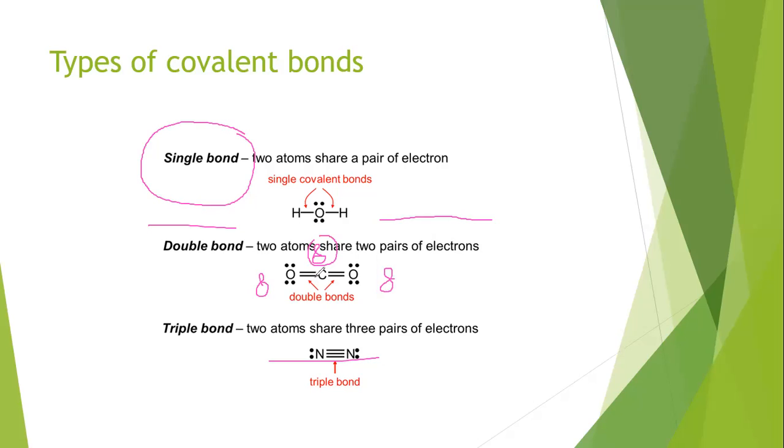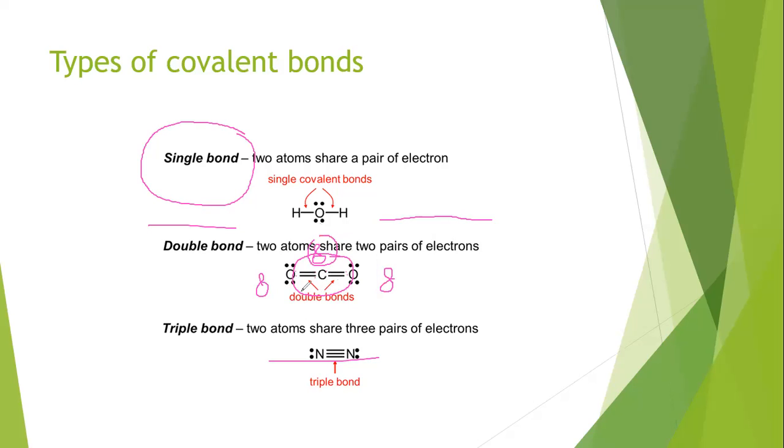Count these 2 electrons of carbon, and these 2 electrons of carbon, which are shared with the 2 electrons of this oxygen and 2 electrons of the other oxygen. Now count electrons for carbon: 1, 2, 3, 4, 5, 6, 7, 8. So the octet of carbon is completed.